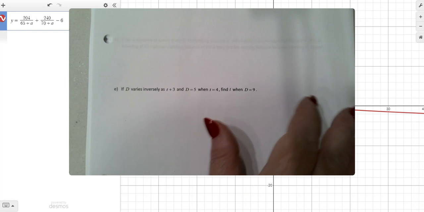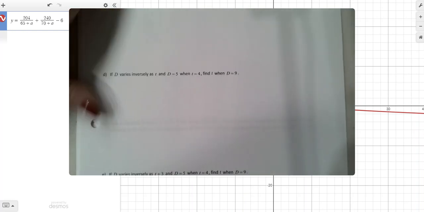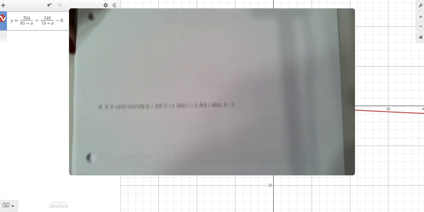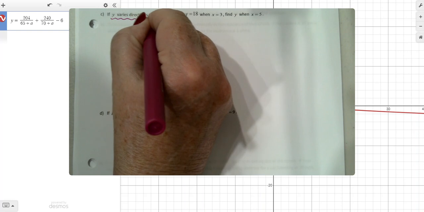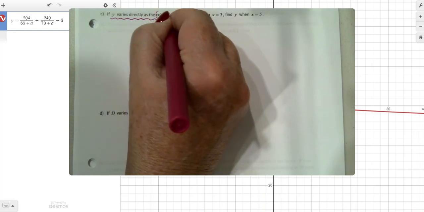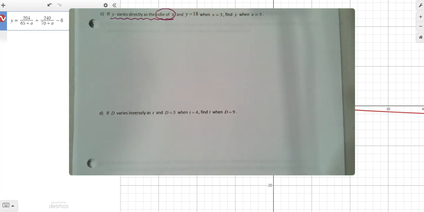All right, I've got one more direct variation problem for us here. And again, just compare the wording to the wording on the other two that we already did. It's still y varies directly, but this time it's the cube of x. Just another way of saying x cubed.